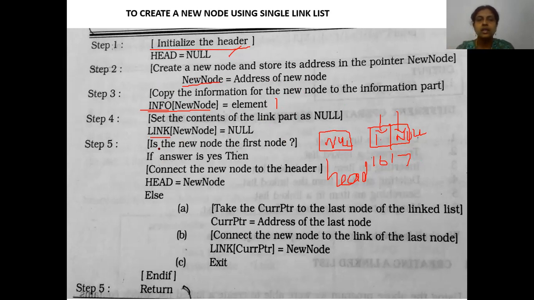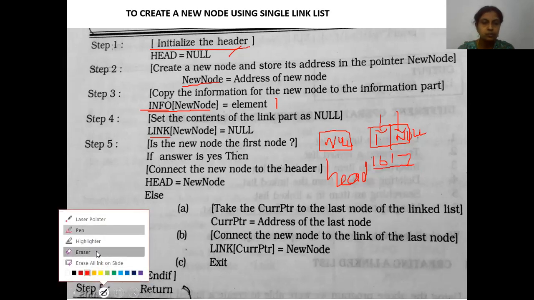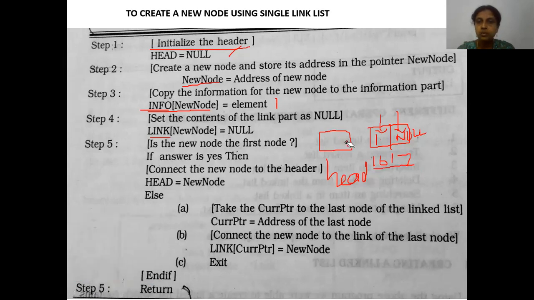Then you check, is the node the first node? See, this header position is just a location, it's not a node. This is our first node. In case it is a first node, connect the new node to the header node. In case this is going to be the first node, connect means what you have to do: 1617 is stored in a variable called new node. This should be stored in this place. So we will remove this null.